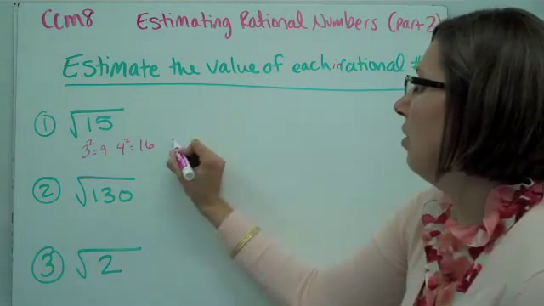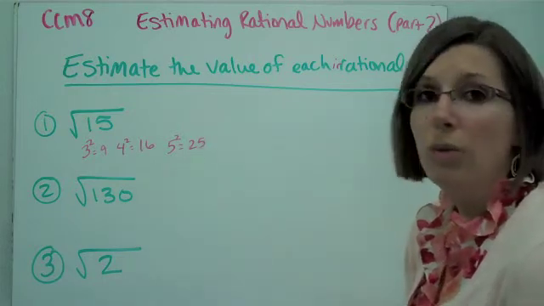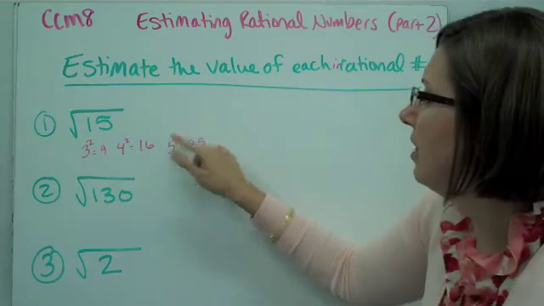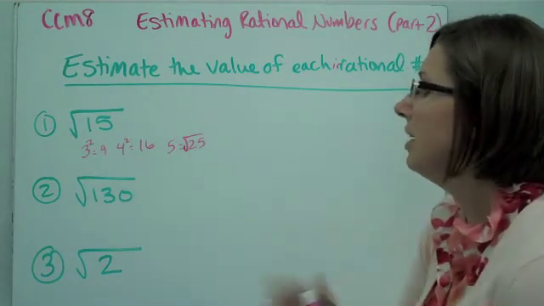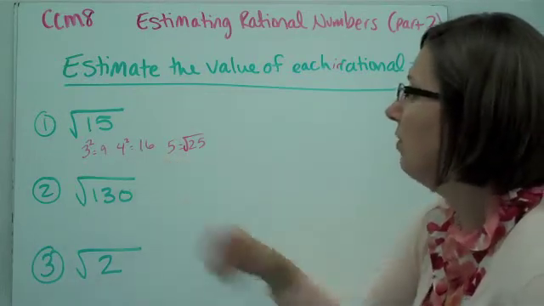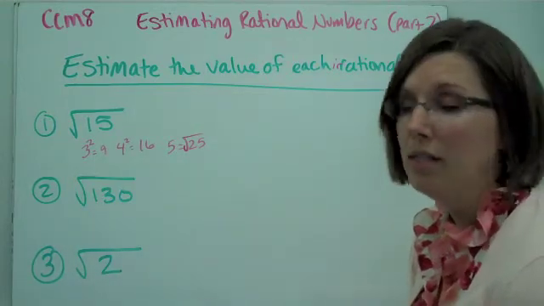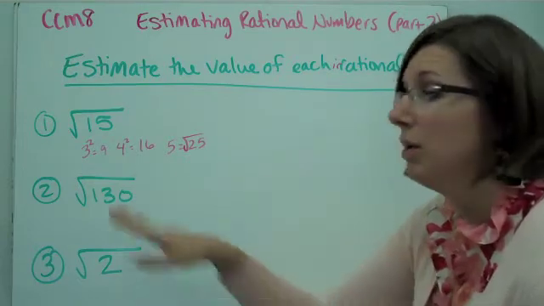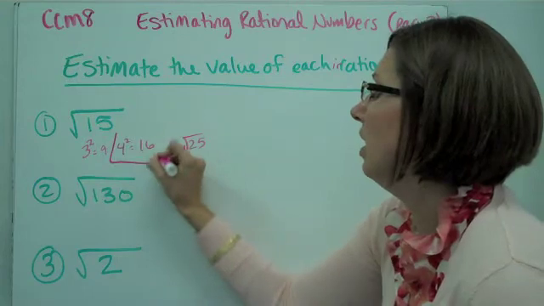If I square the number 5, I get 25. Square rooting is the inverse of squaring something. So if I undid the squaring part and took the square root, these statements would be equivalent. So what I'm looking for is the perfect square that's going to get us closest to 15. And in that case, it's this one here.